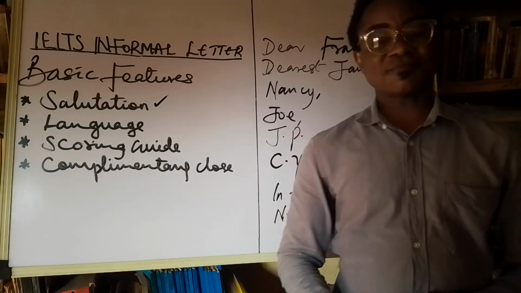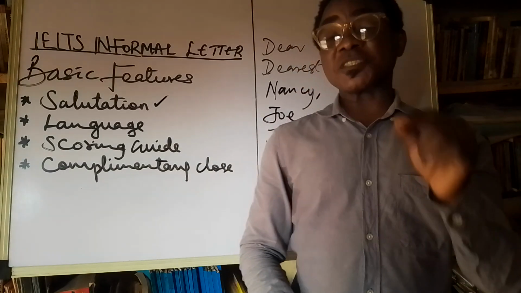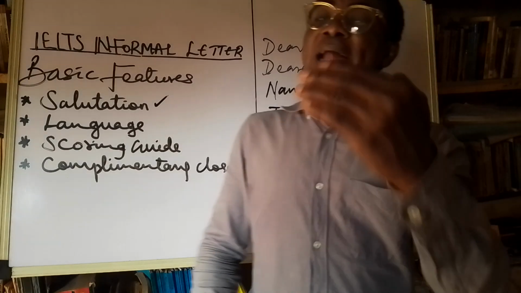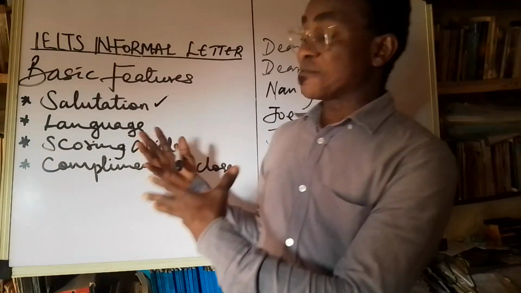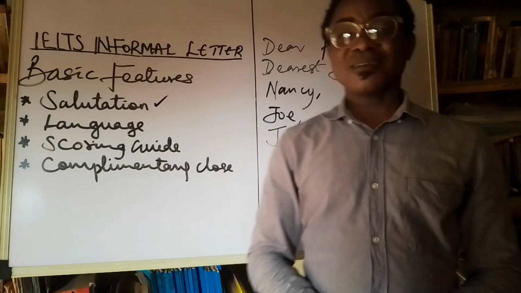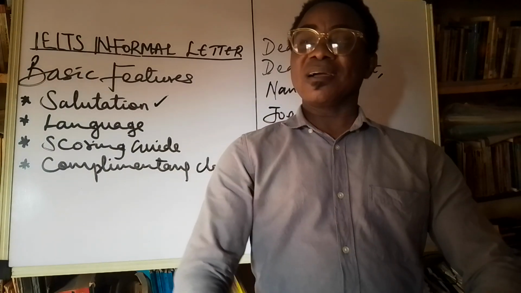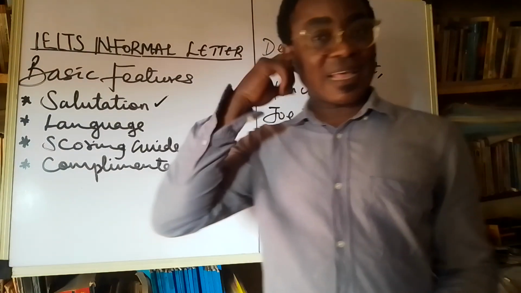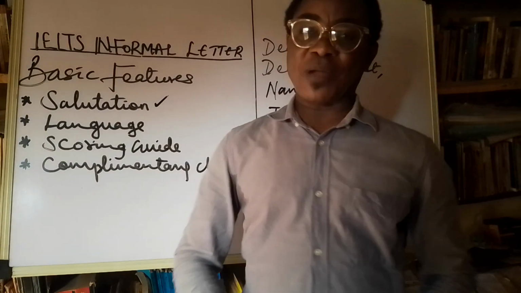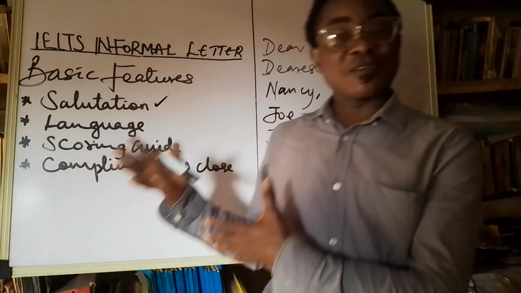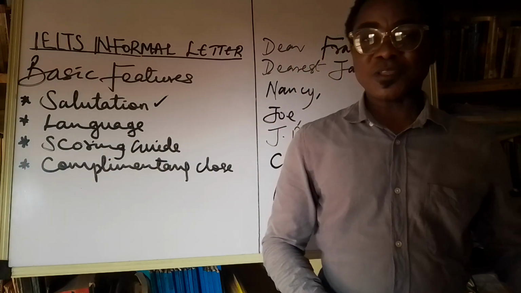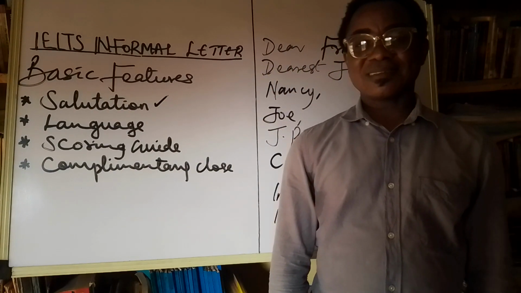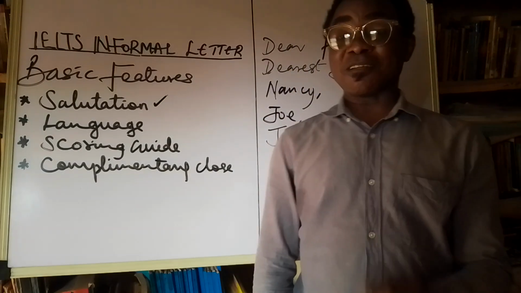In addition, apart from such choice of words, you are allowed, as a part of the features of an informal letter, to use familiar slang expressions. You are talking to your friend, you're writing to your friend, you want to speak about your parents, and you say momsy, you say popsy, and you use auntie instead of aunt.